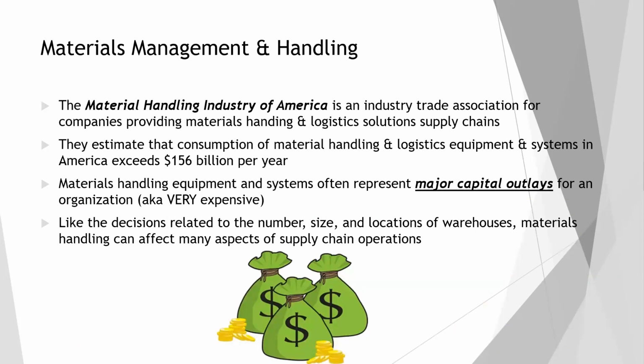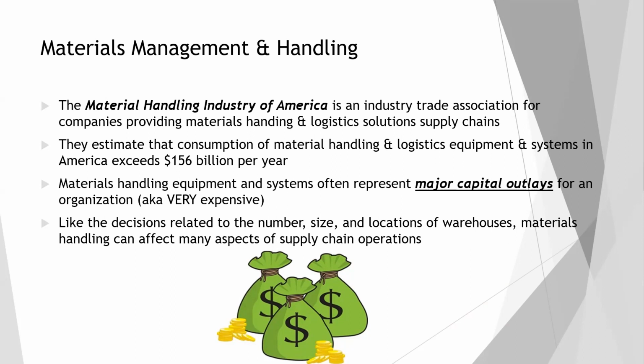So the Material Handling Industry of America is an industry trade association for companies that provide materials handling and logistics solutions for supply chains. And the Material Handling Industry of America estimates that consumption of material handling and logistics equipment in America currently exceeds $156 billion per year.